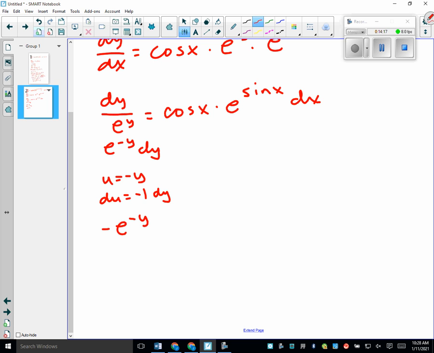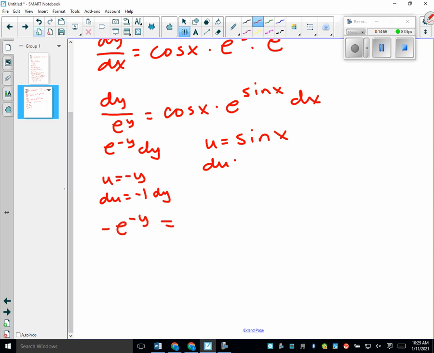If you're questioning, I'm not sure that's right. Check it. Take the derivative. So are you with me here? Now, the derivative of this on the right side, we definitely need a u. Can I do u equals sine x?